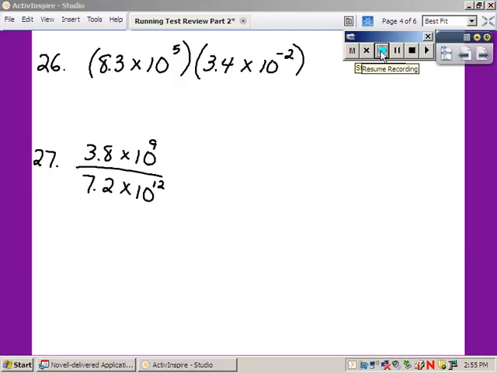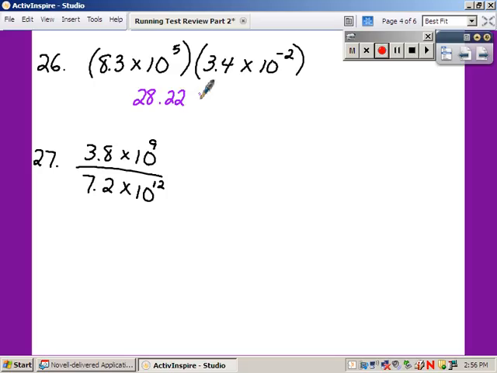Okay, for this kind of problem, it's probably a good idea to use a calculator because what I want to do is multiply the 8.3 times the 3.4. When I do that, I get 28.22. And then for the times 10 part, 5 and -2, I just add them as if it was any other set of multiplying exponents, so I get 3.